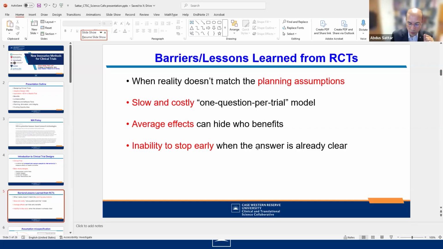So early stopping is not generally an option in the standard RCT or, say, cluster randomized trials.